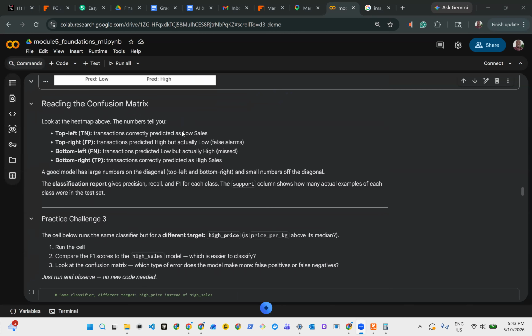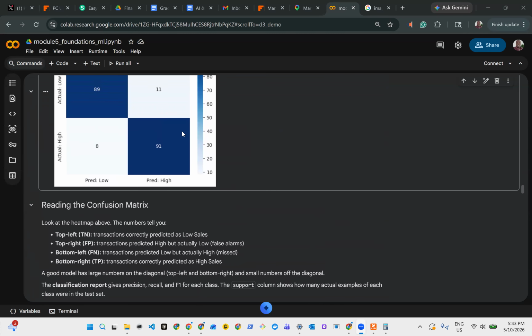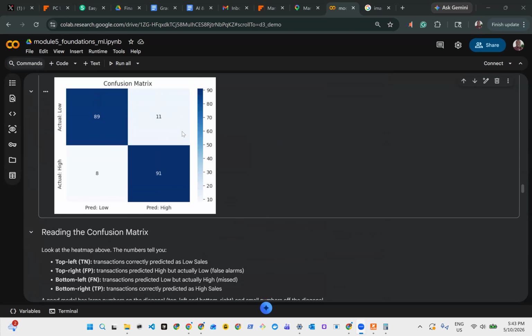Again, reading the confusion matrix, let's look at the heat map above. On the top left corner, as I said earlier, are the transactions correctly predicted as low sales. So the model correctly predicted 89 transactions as low, which in reality they were low. For the top right corner, the false positives, the transactions predicted high but actually low, which we call false alarms.